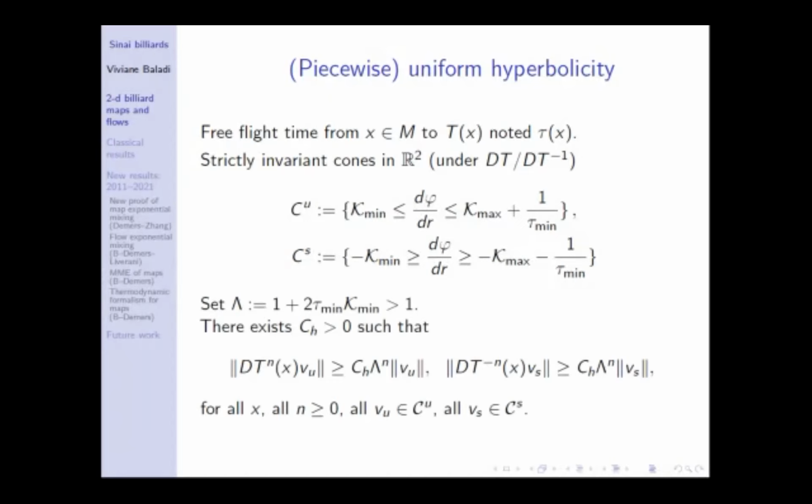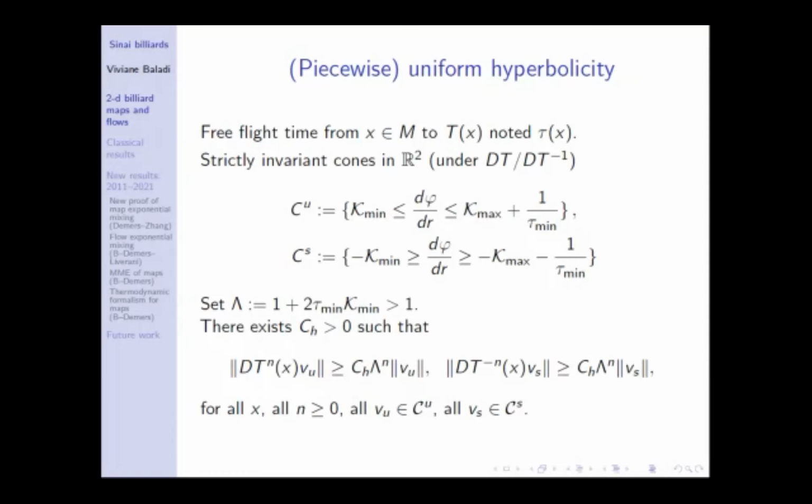And then there's a claim that you can check, which is that not only the derivative maps what I call CU, the unstable cone, strictly into itself, and the derivative of the inverse maps the stable cone strictly into itself, but it does so with a uniform hyperbolic constant, which actually can be computed.